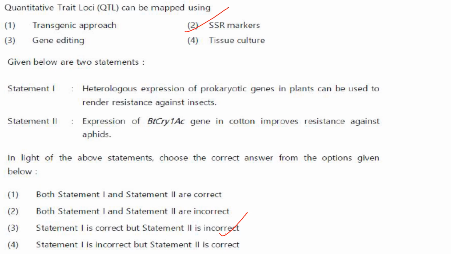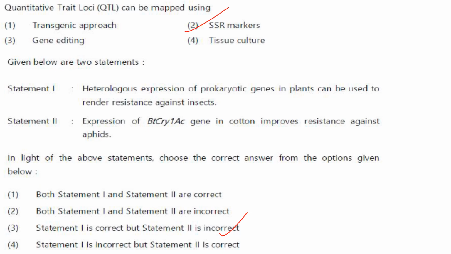Then next one. Heterologous expression of prokaryotic genes in plants can be used to render resistance against insects. That is correct. And what is heterologous expression? A gene from one species is expressed in another species using genetic engineering techniques. Then statement 2. Expression of Bt cry1Ac gene in cotton improves resistance against aphids.